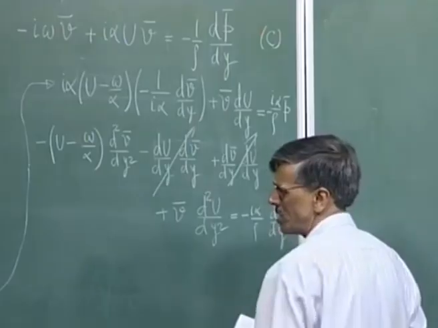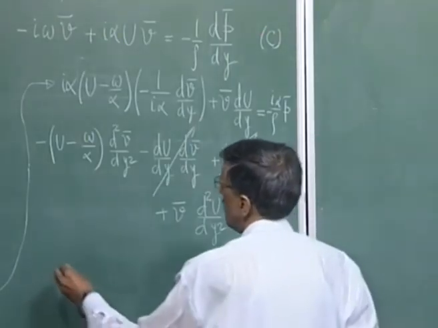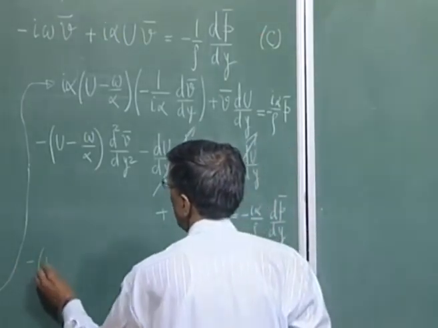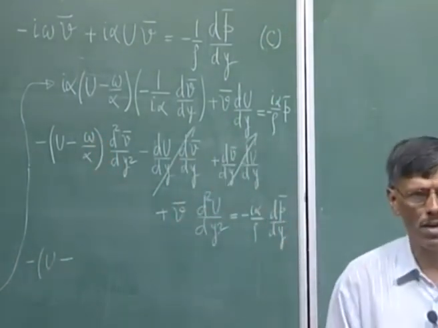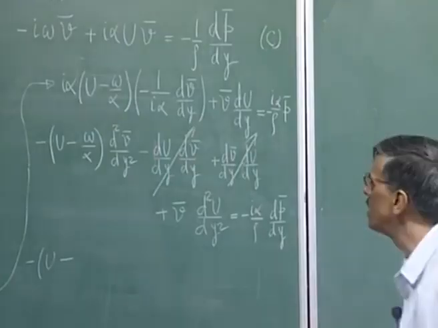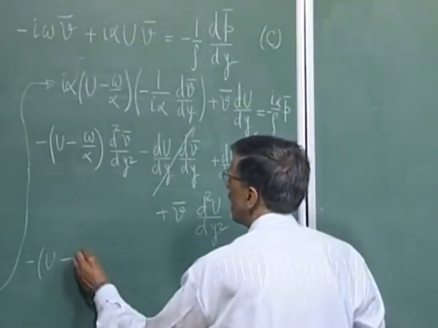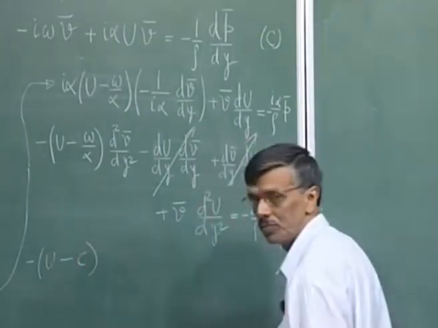You get this expression: minus of u. What is omega by alpha? Omega by alpha is the phase speed. That's the definition of phase speed. So I'll write it as u minus c.